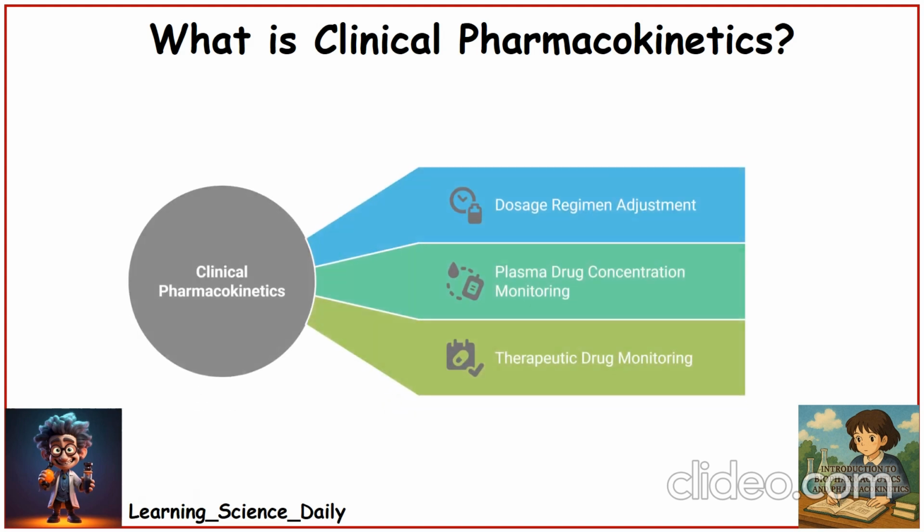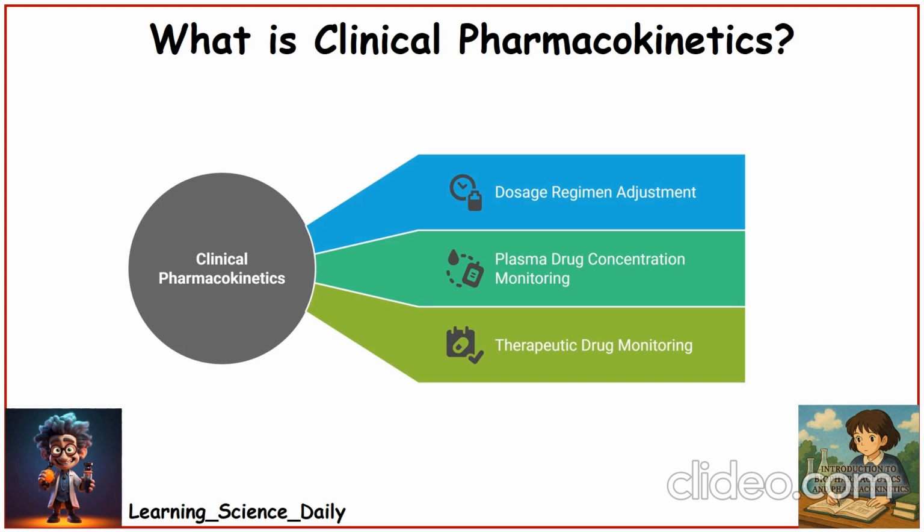When new drugs are being developed, they are tested on large groups of people during clinical trials. These trials help find out how well the drug works and what the best dose is for most people. The doses recommended after these trials usually work well for the majority of patients. But here's the catch: not everyone responds the same way to a drug.